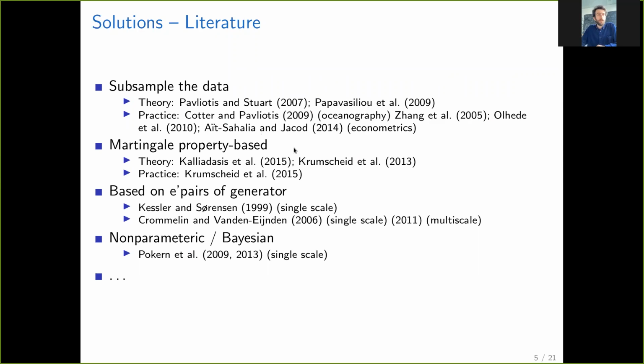Then there are some works that estimate the drift coefficient using a martingale property of the diffusion processes, and the theory has been developed mostly by Sebastian Krumscheid with Greg Pavliotis and Kalliadasis.